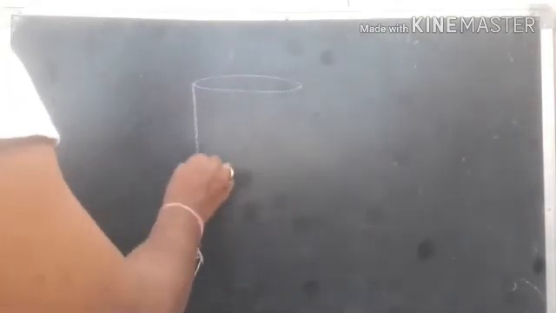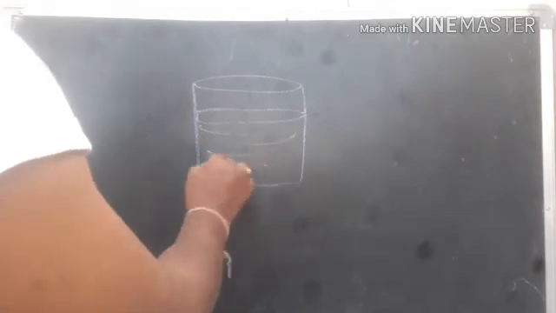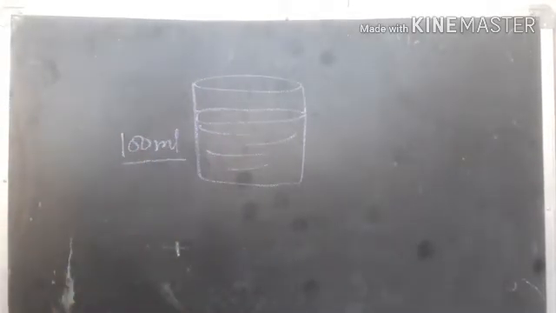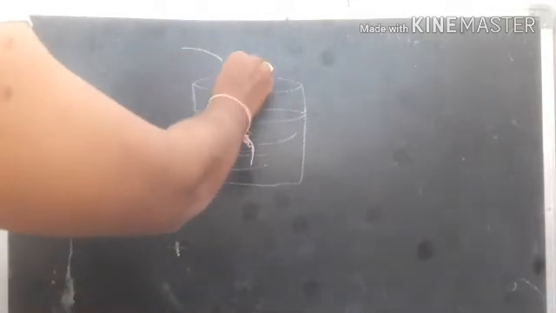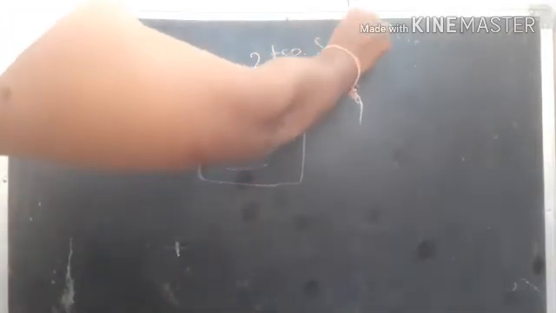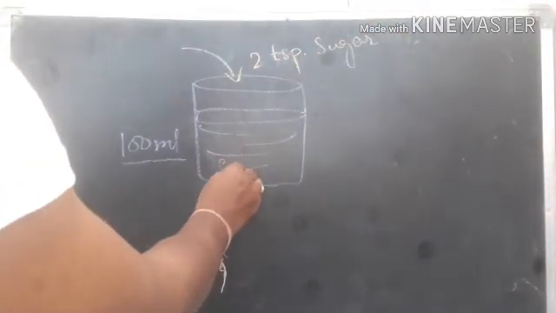Now in a solution, imagine you are taking 100 ml of water. Now to this, imagine you added 2 teaspoons of sugar. Then what happens? It becomes sugar solution.